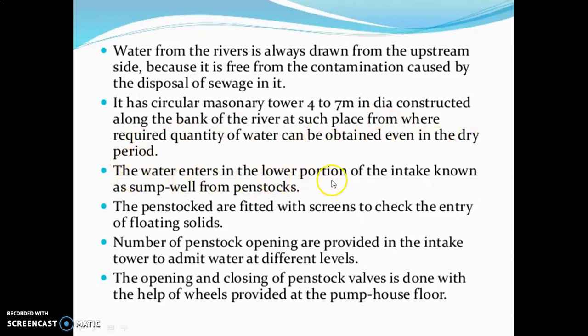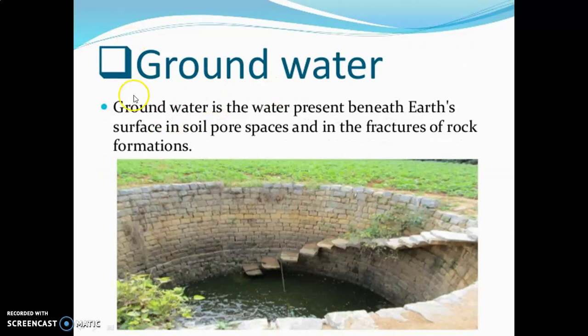The water enters the lower portion of the intake, known as the sump well, from the penstocks. The penstocks are fitted with screens to check the entry of floating solids. A number of penstock openings are provided in the intake tower to admit water at different levels. The opening and closing of the penstock valves is done with the help of wheels provided at the pump house floor.